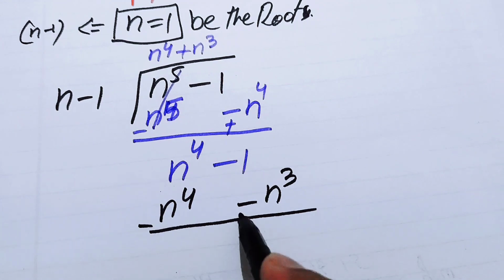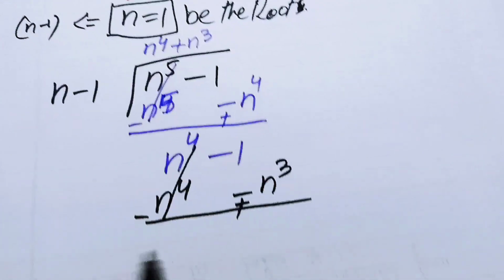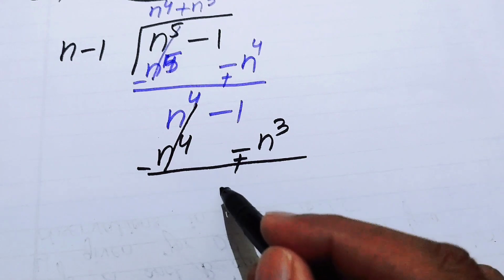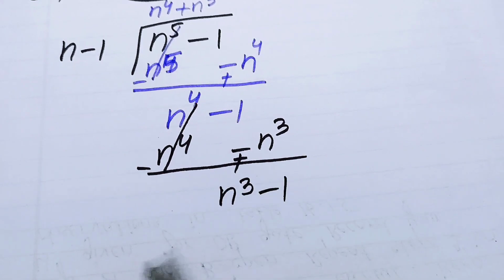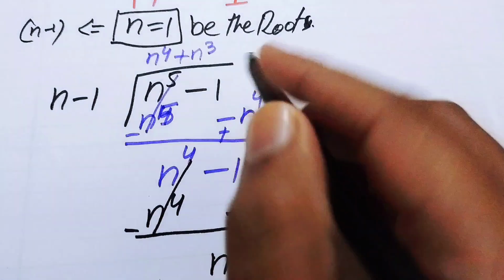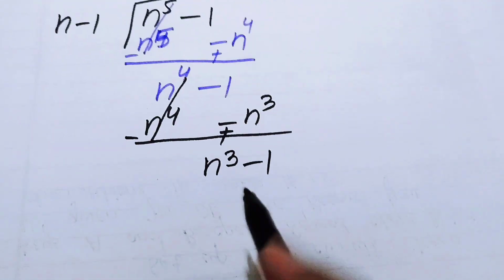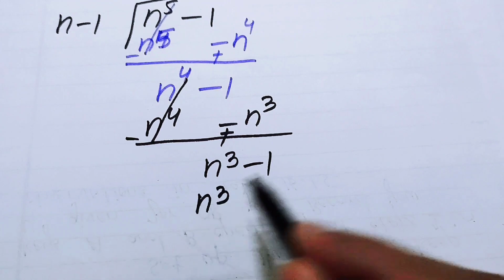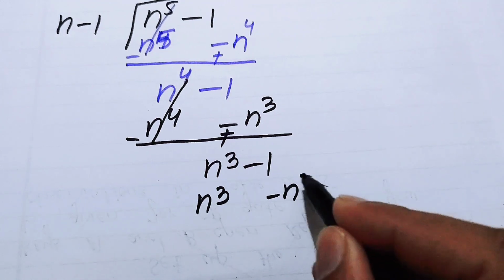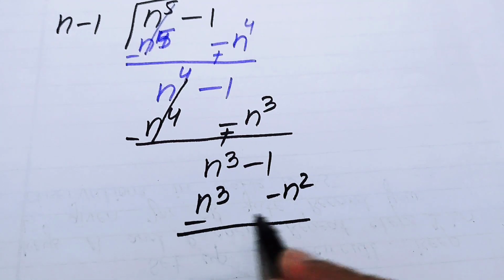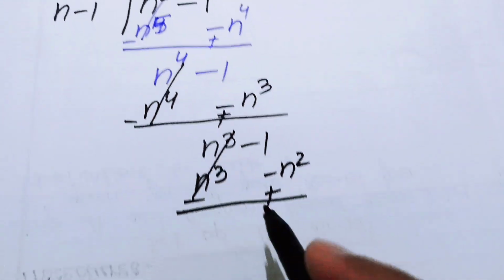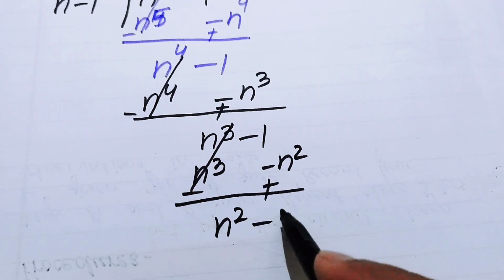Now you just subtract these values, and these are gone, and here you again obtain n cubed minus 1. So we again multiply by n squared, and here you get n cubed minus n squared. And now we again subtract these values, and these are gone, and here you get n squared minus 1.